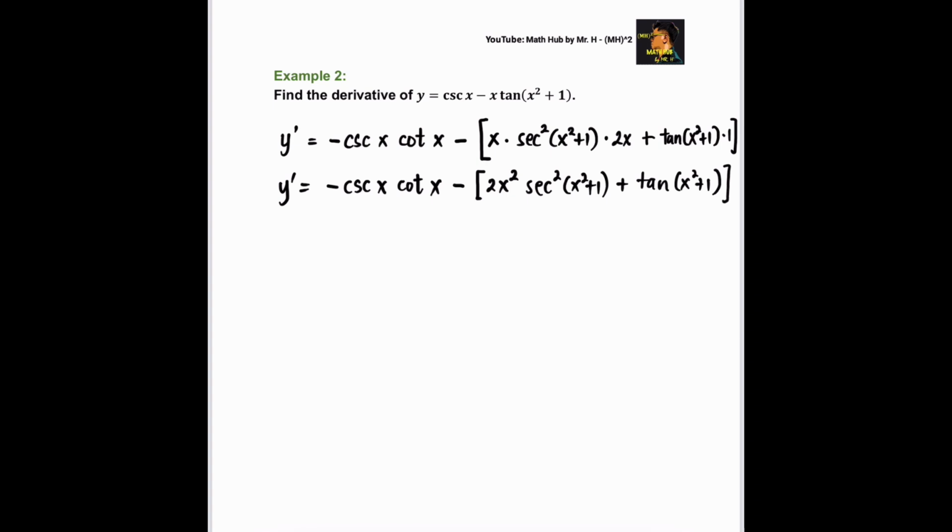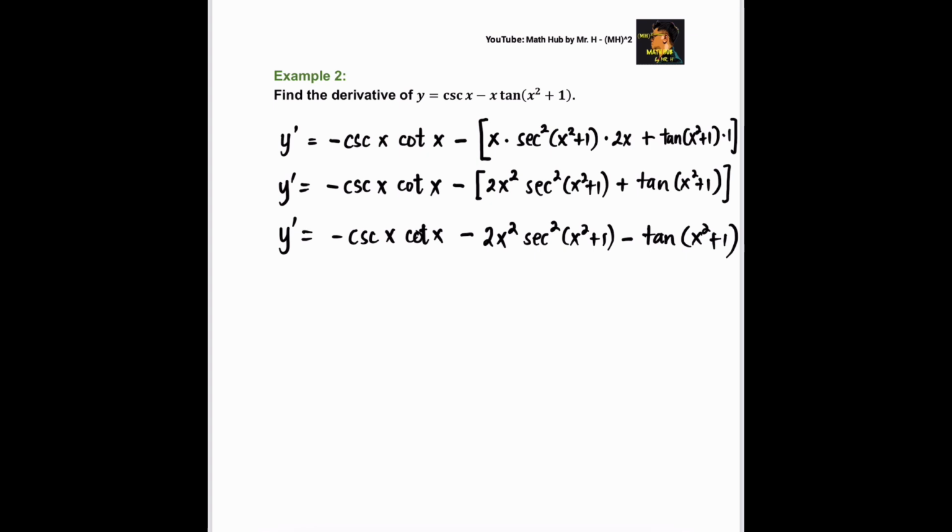If there's nothing that we can simplify anymore from here, then this is going to be negative cosecant x cotangent x minus 2x squared secant squared of x squared plus 1 minus tangent of x squared plus 1.